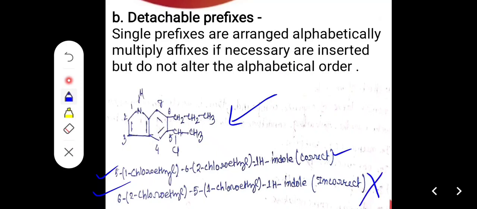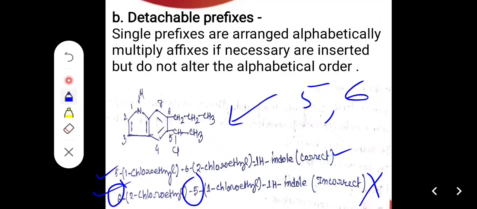What is the difference between them? In the second we retain 6 first, then 5. This is not right. Always we need alphabetical order, and that also applies to numbers 1, 2, 3, 4. So we retain 5 first and then 6. In the second structure we retain 6, then 5, so this is incorrect.